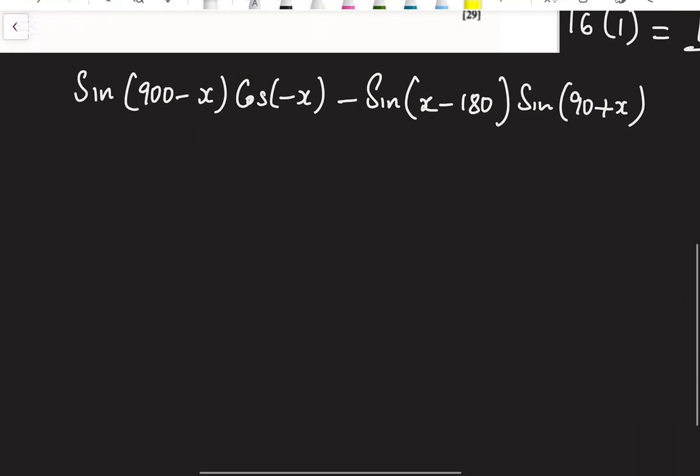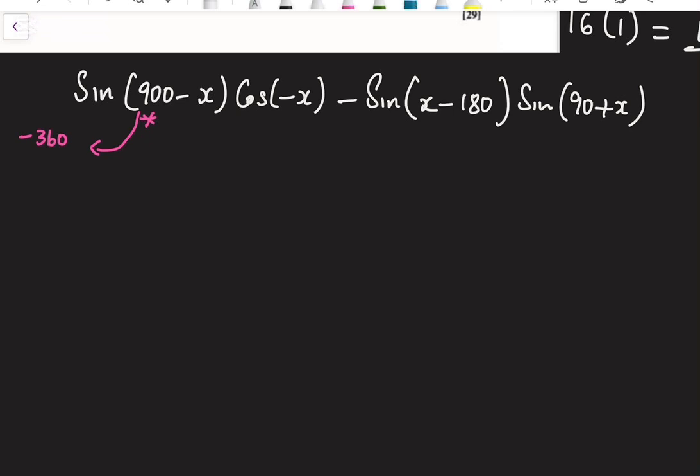It must be one ratio at the end. Okay. Now, so this angle here is bigger than 360. So if you see any angle that is bigger than 360, first thing first, you must subtract 360 until it becomes smaller than 360. So here we need to subtract twice, because if I subtract only once, my angle is still bigger than 360.